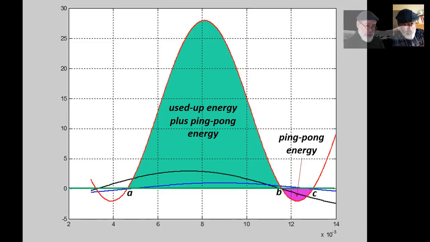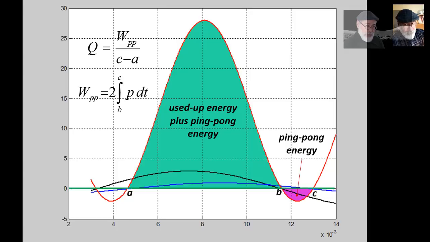We divide all the ping pong energy, all the reactive energy by the time C minus A. Let's write it down. The reactive power is the ratio of all the power that travels back and forth as ping pong between the generator and the load in a power cycle divided by the length of the power cycle, C minus A. But that ping pong power in reality is twice the purple area.